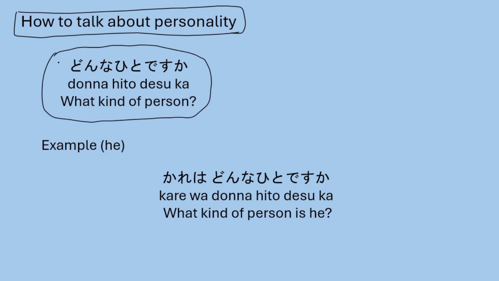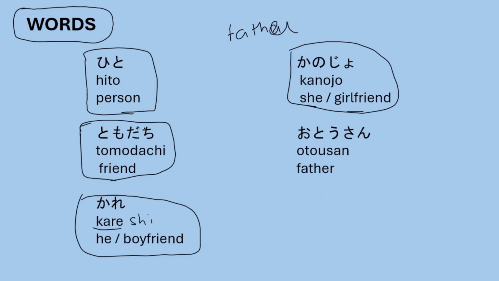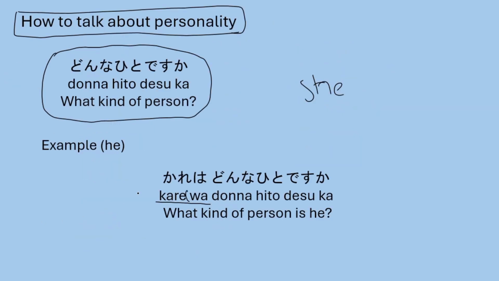If we want to say he or she, what kind of person is she, what kind of person is he, we need to add that word in front and add wa at last. If we need to ask about someone's girlfriend or boyfriend or friend, we can say tomodachi wa donna hito desu ka? What kind of person is your friend?